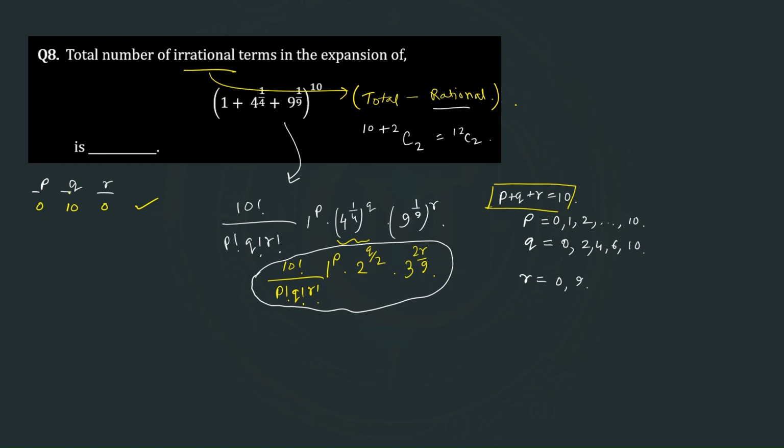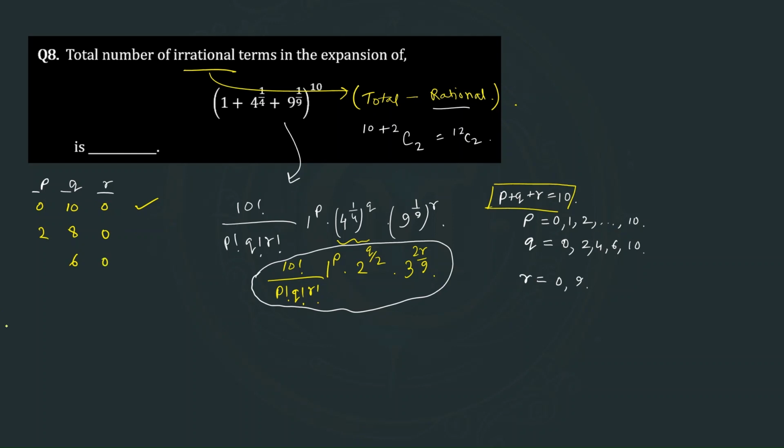Now let us try to put Q equal to 8. So Q equal to 8 and P plus R should be equal to 2. As R can be only 0 and 9, so let us put R equal to 0. So P should be 2. Then let us put Q equal to 6. Then we get P plus R equal to 4.